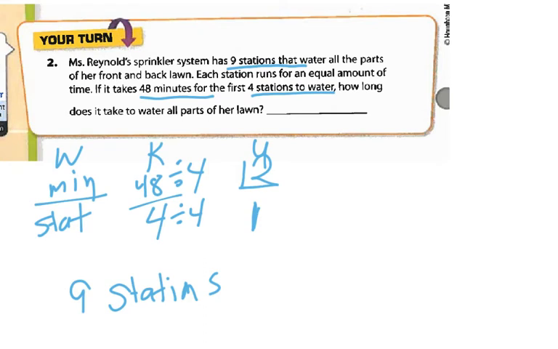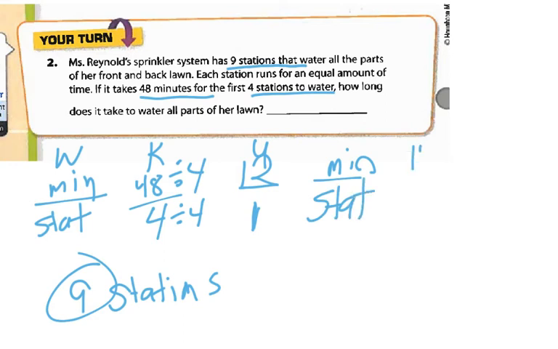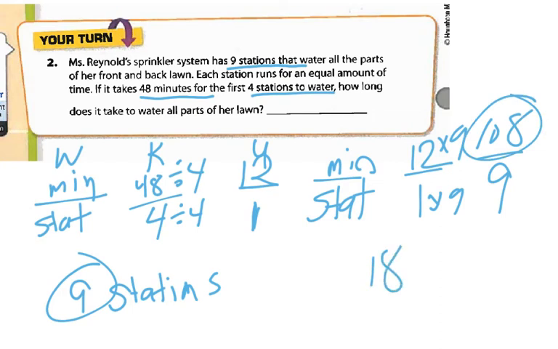So then, if it takes 12 minutes per station, and she has 9 stations, then I can easily set that up, right? Minutes to stations, 12 minutes for 1 station, we have 9, multiply by 9. Oh, it's going to take 108 minutes. Whoops. It's going to take 108 minutes to water her lawn.